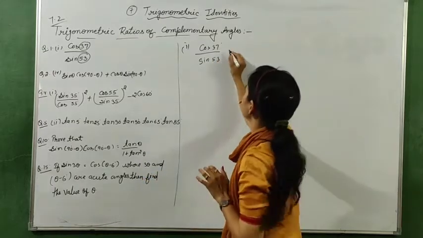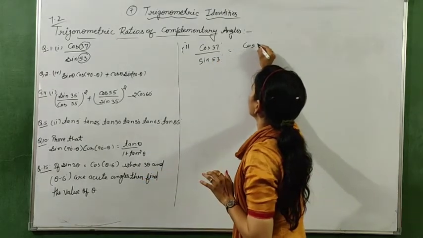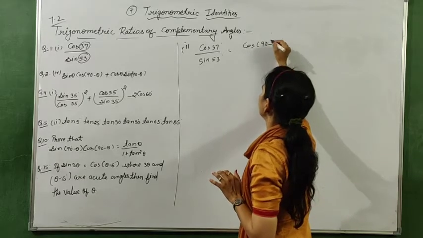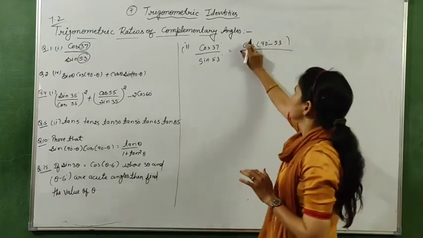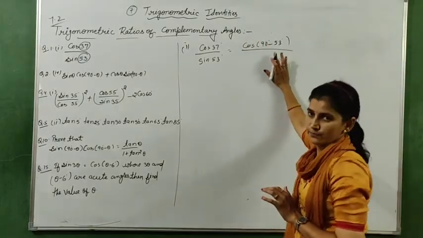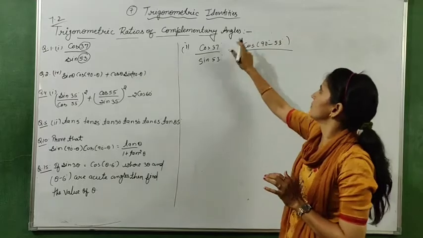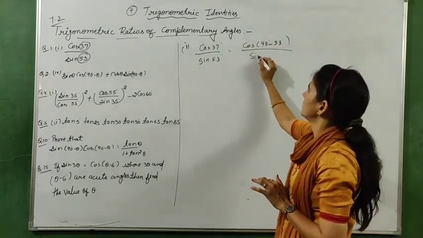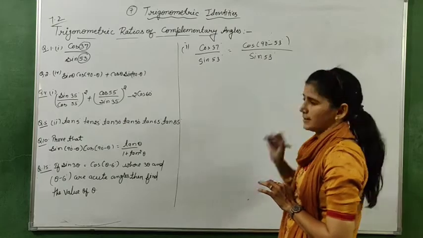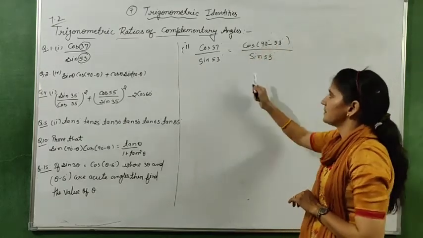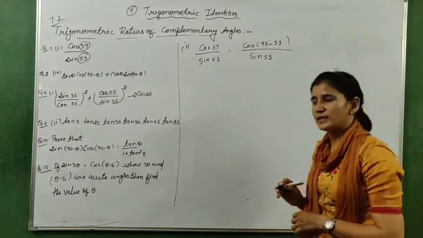First, cos 37 degree is equal to cos (90 minus 53) degree. 90 minus 53 is equal to 37. So cos 37 equals cos (90 minus 53), and the denominator is sin 53 degree.